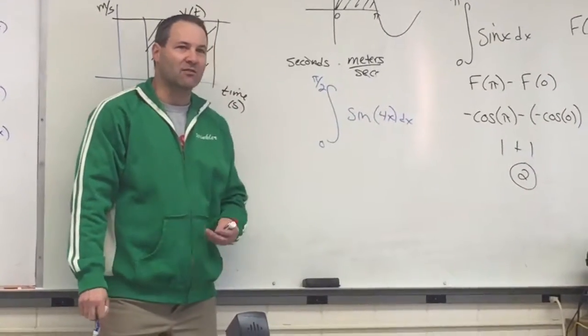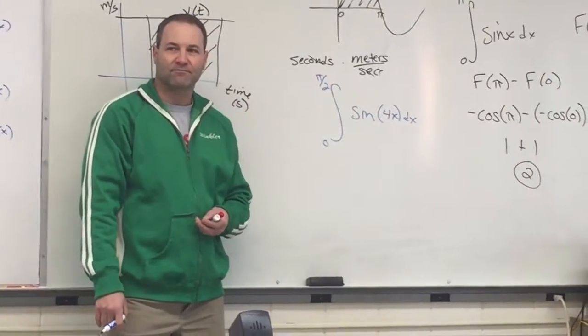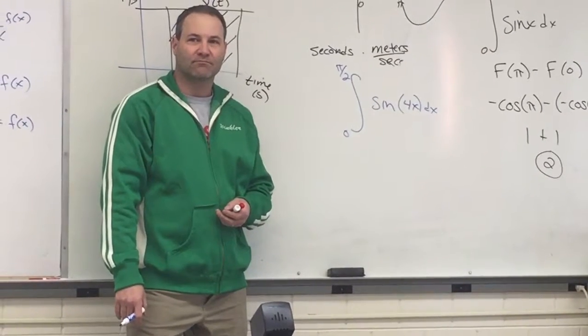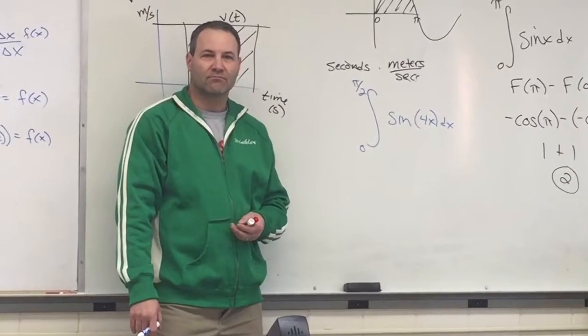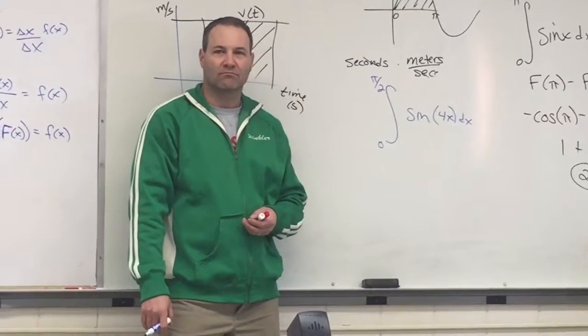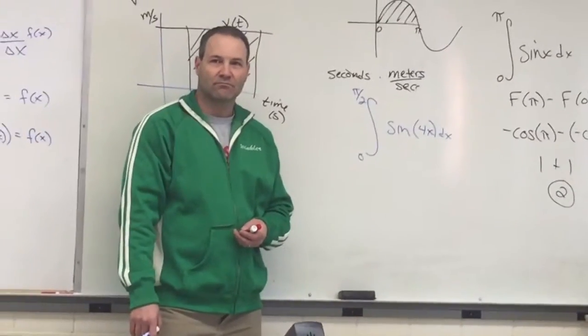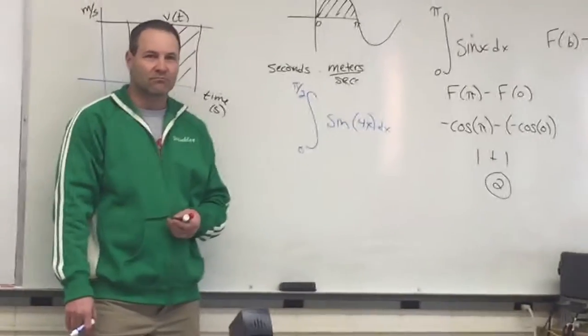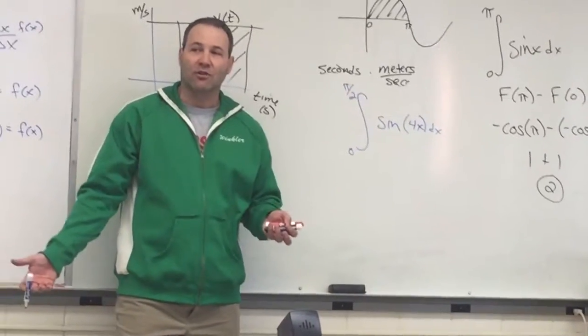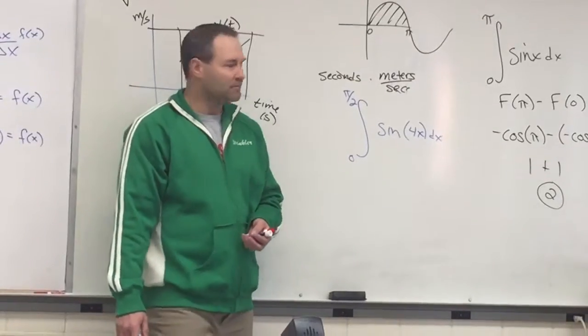Do we know what the antiderivative of sine of 4x is? Wait, a chain rule. Negative 1/4 cosine of 4x? If you aren't sure, you could take the derivative, right?